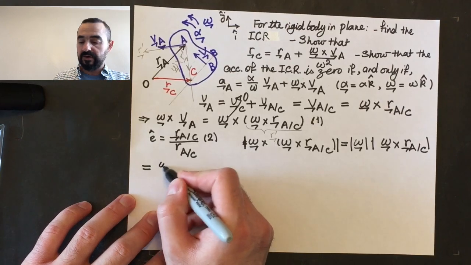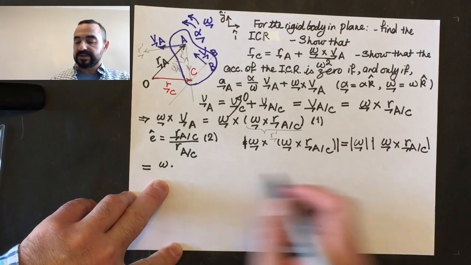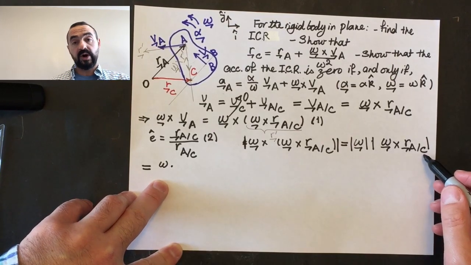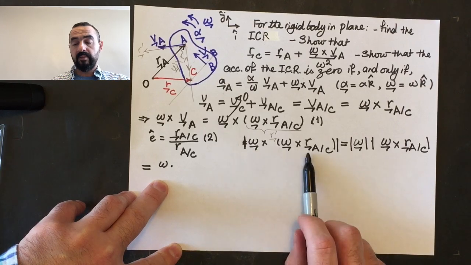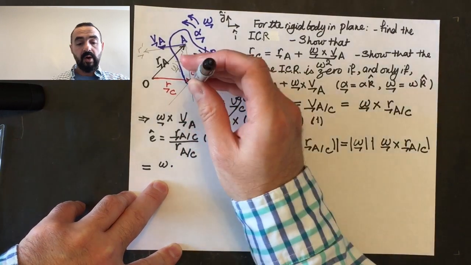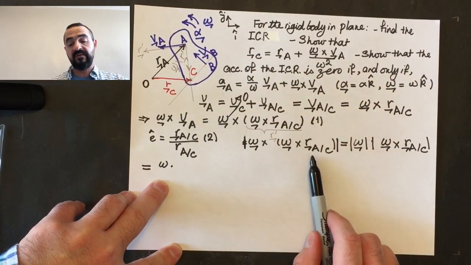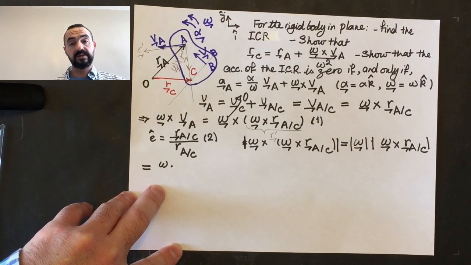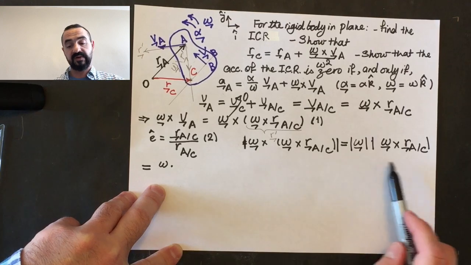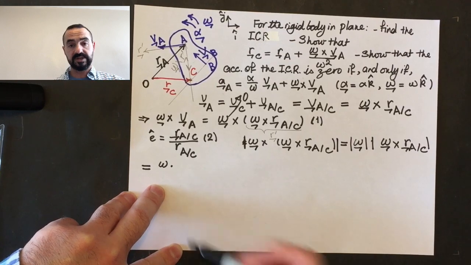The magnitude of omega is omega, and this is our R prime. I've already set sine 90 equal to 1. Omega is pointing out of the plane, but R prime is in the plane, so the angle between the two is 90, and sine 90 is equal to 1. The magnitude of a cross product is the magnitude of the first vector times the magnitude of the second vector times the sine of the angle, which is equal to 1.